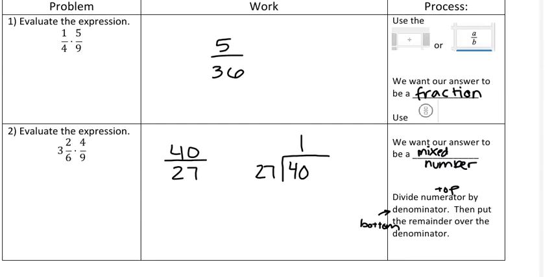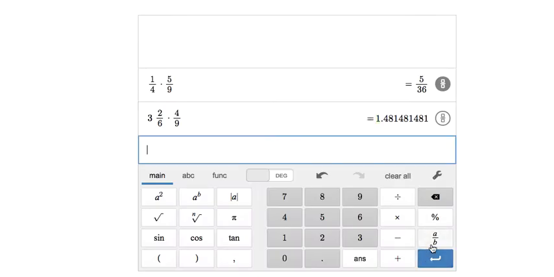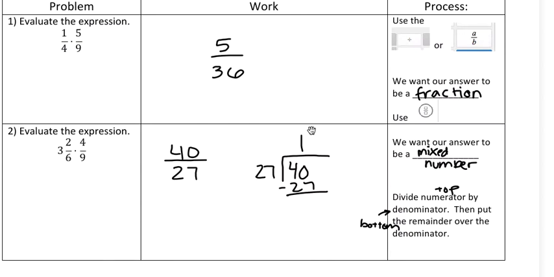Now I subtract 40 minus 27. It's 13. So we get 13 left over. So our answer would be 1 and 13 is our remainder over our denominator, which is 27. So 1 and 13/27.